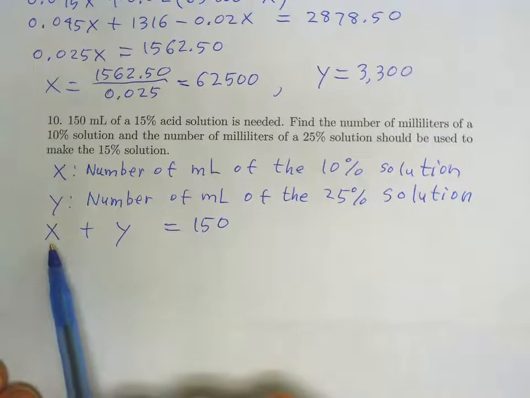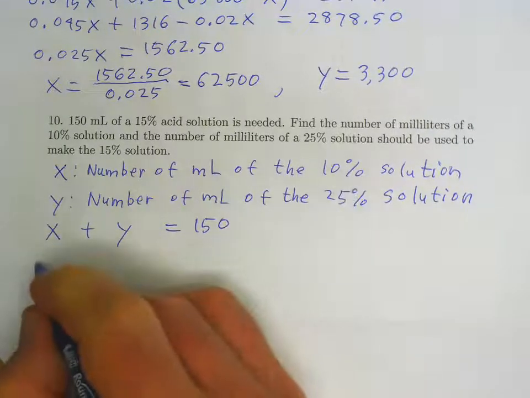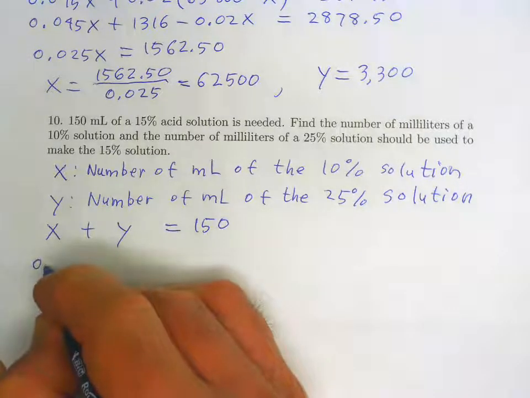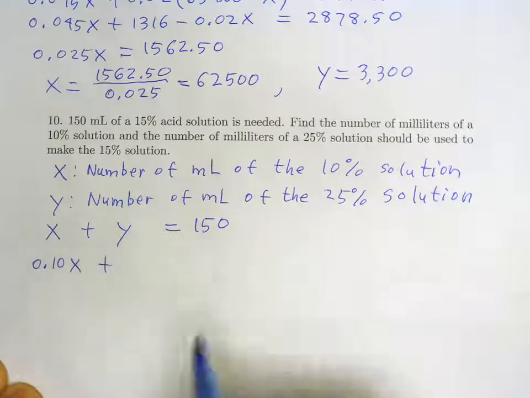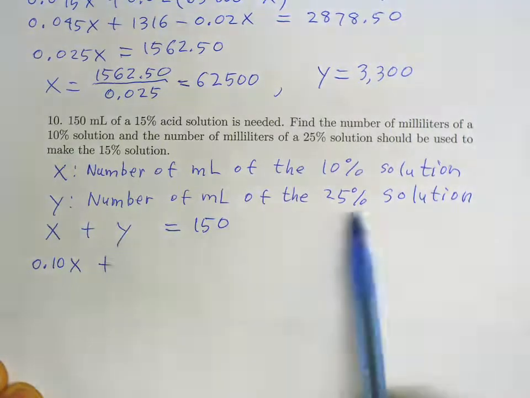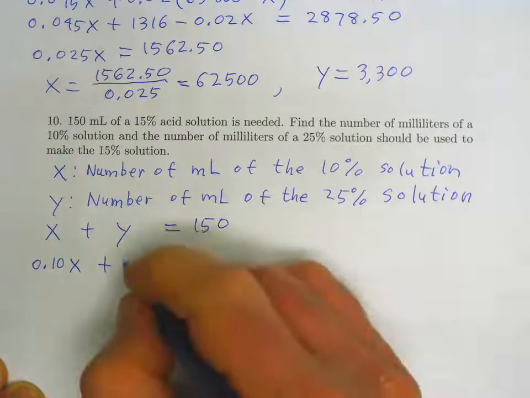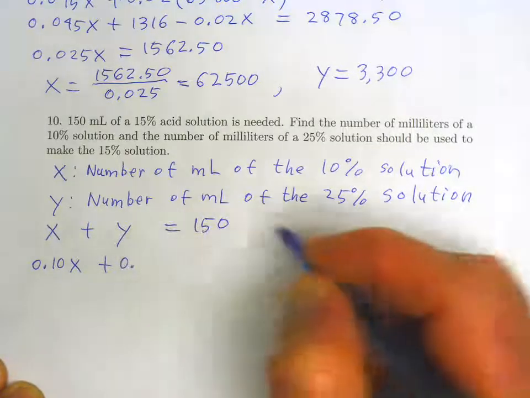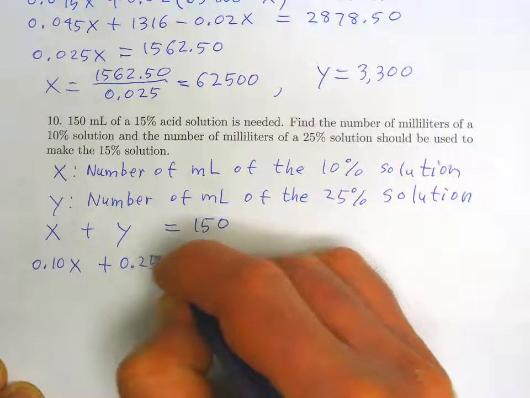But in the x milliliters, if it is 10% acid, then the amount of acid is 0.10 times x. And if y milliliters is 25% acid, then the amount of acid in that amount is 0.25 times y.